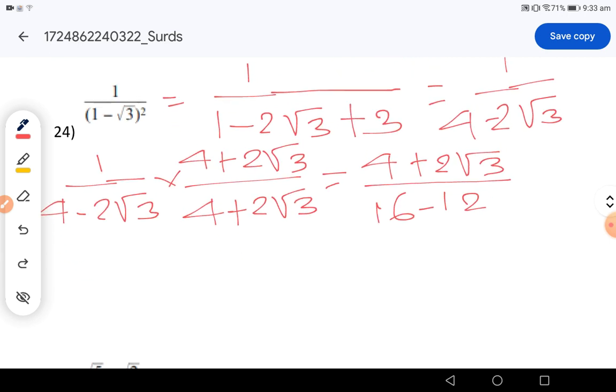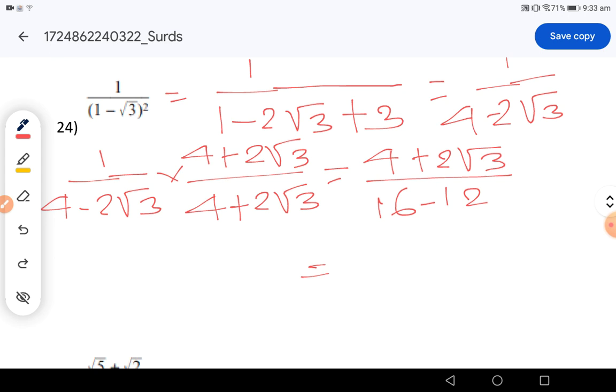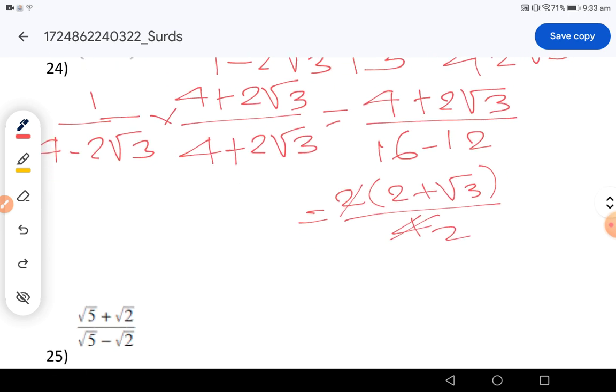So 2 common, so here 2 plus root 3, and 16 minus 12 is 4. 2 times 2, 4. So the answer is 2 plus root 3 by 2.